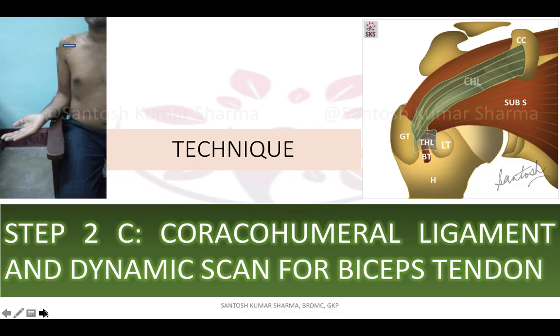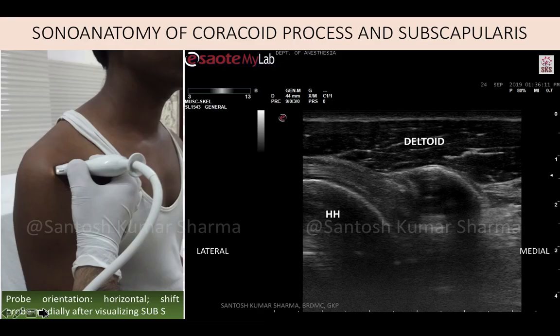Moving on to the next part, which is basically assessment of the coracohumeral ligament, and then we will do a dynamic scan of the biceps tendon. So how do we do a sono-anatomy of the coracohumeral ligament?